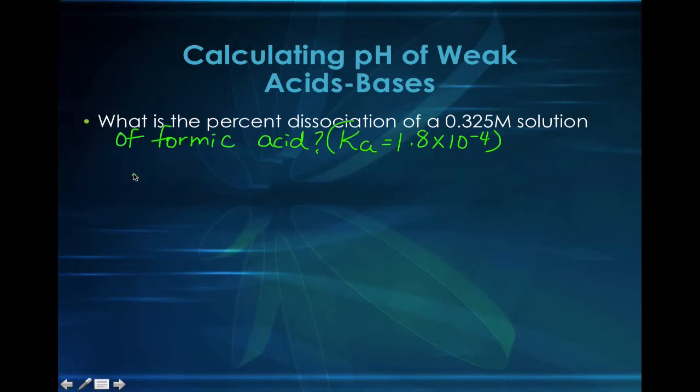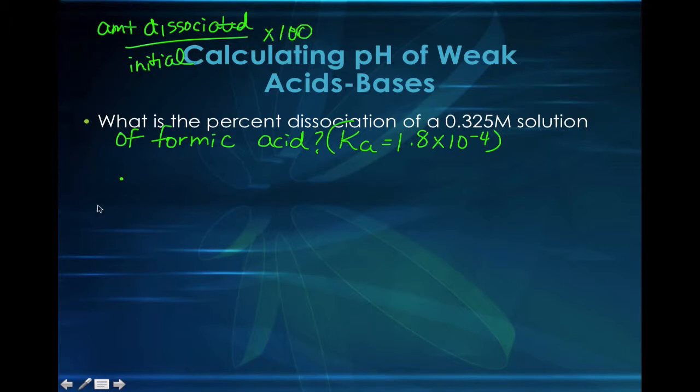So the percent dissociation, you take the amount that's dissociated on top, and you divide it by the initial concentration, and because it's a percentage, you're going to multiply by 100. So in this case we're looking for x, because x is the amount that's dissociated, that's what we're going to put on top, and the 0.325 is going to go on the bottom.